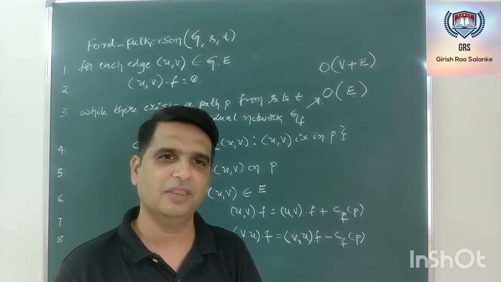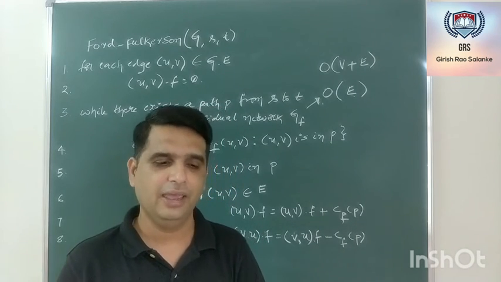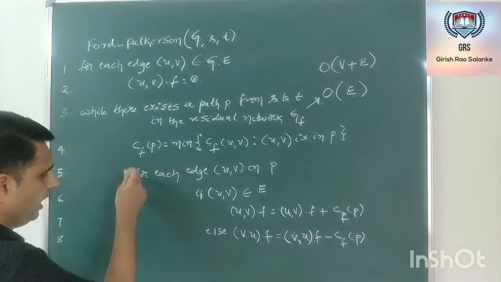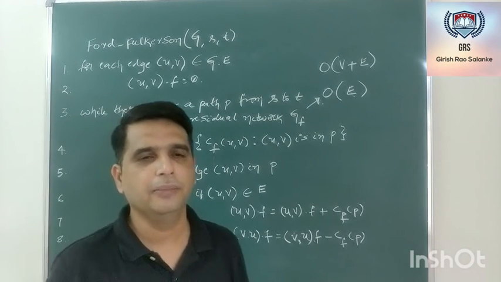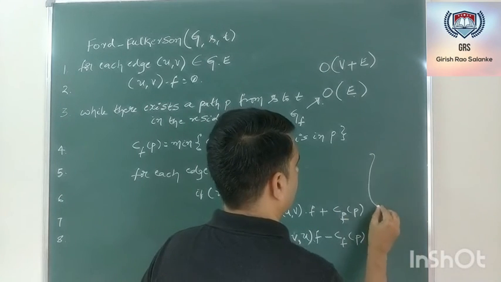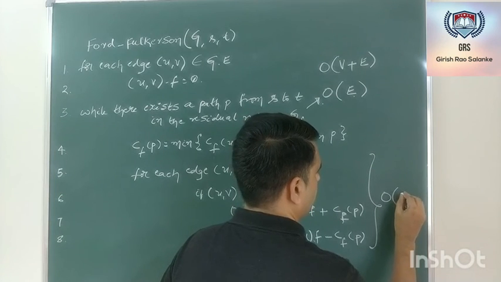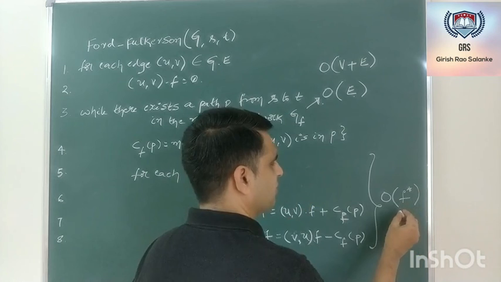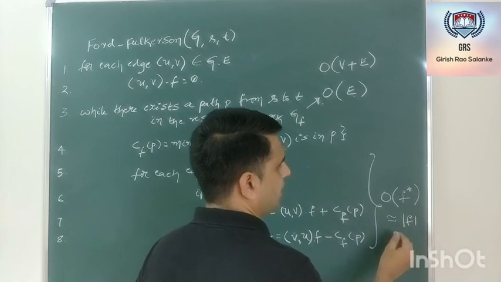If the bottleneck capacity is just 1 on that particular path, then in the worst case, I increase the flow by 1 unit. So this entire thing calculates the max flow, and I can say that this part takes order of F time, F or F star. In the Foreman book, it is given as F star. F star is nothing but order of F.